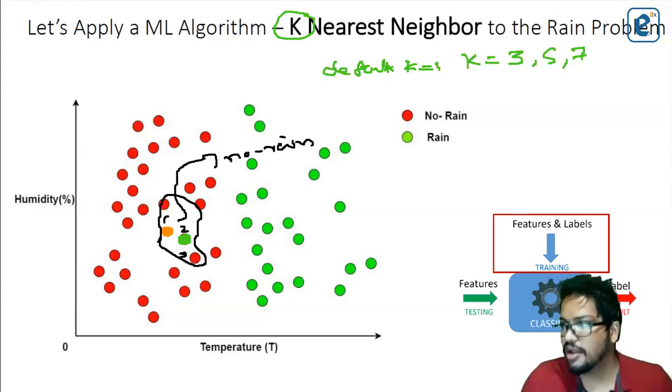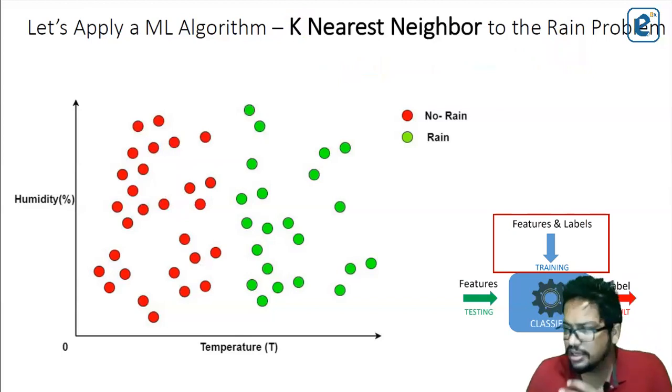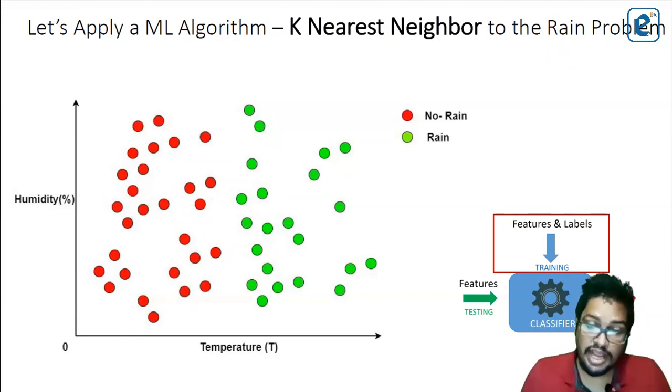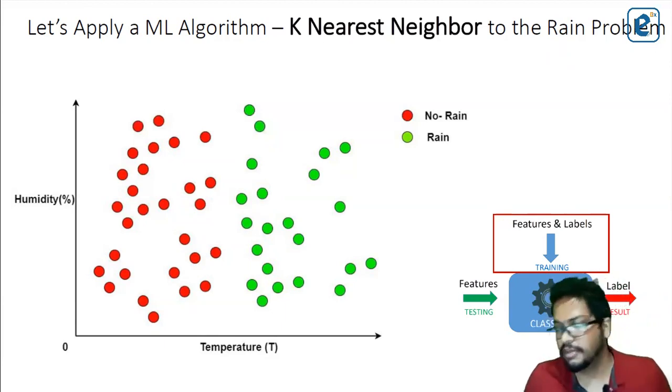Now you can understand how features and label, y equal f(x), and how to get the relationship between features and labels. But this is the method of k nearest neighbor. The decision tree algorithm works with some other method, logistic regression works with some other method, and neural networks follow a very different method.